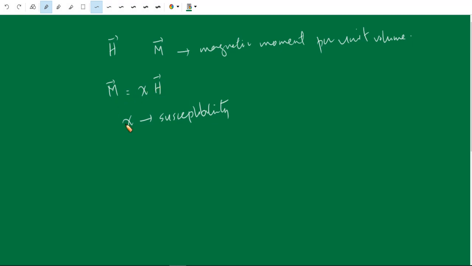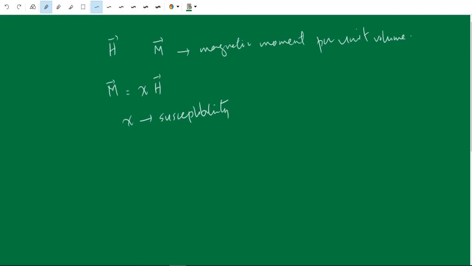That means the material will have a tendency to move away from the magnetic field. That is called diamagnetic behavior. And if chi is positive, the magnetization is in the direction of the magnetizing field, so there will be a tendency of the material to move towards the magnetic field.